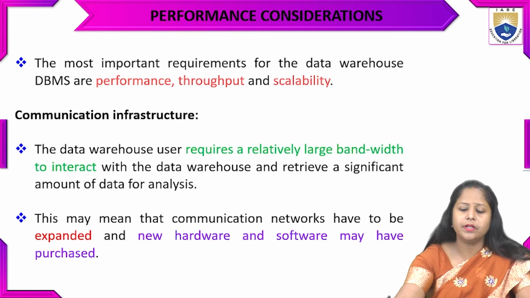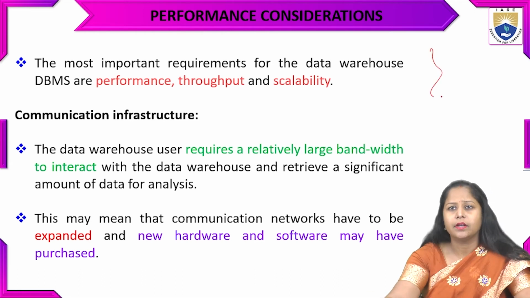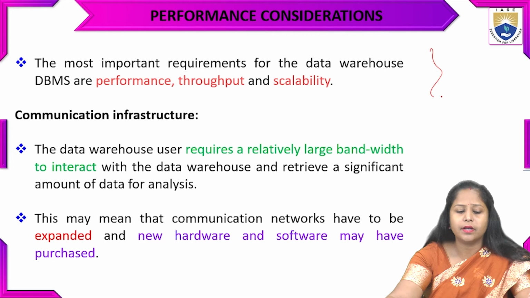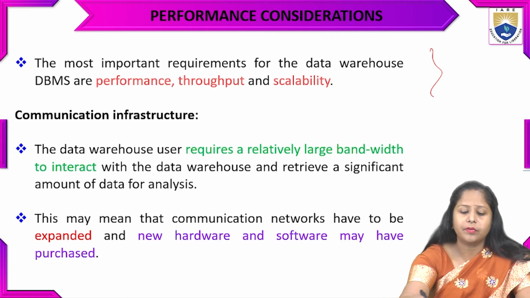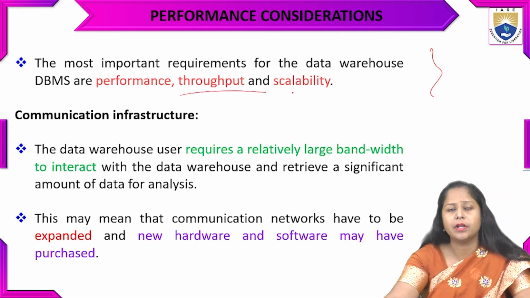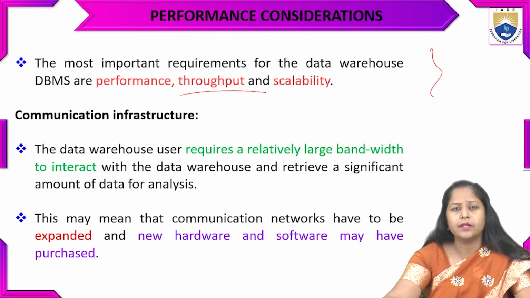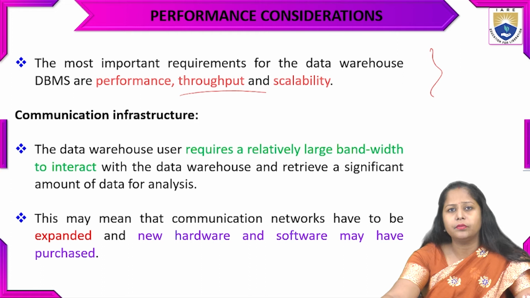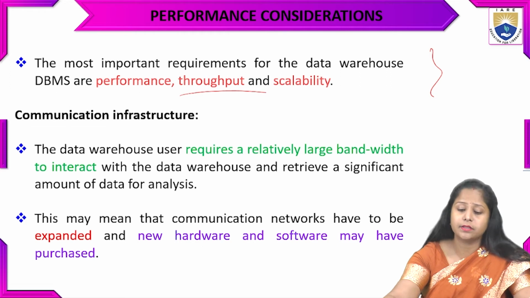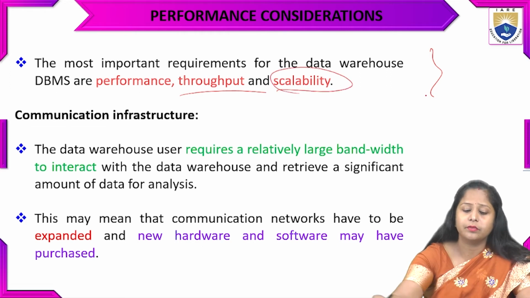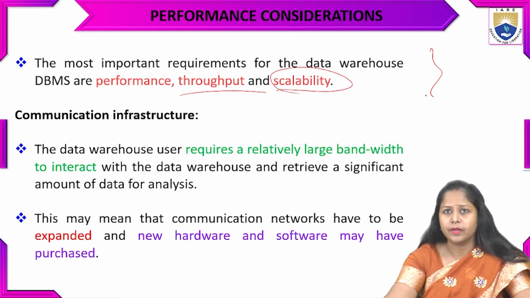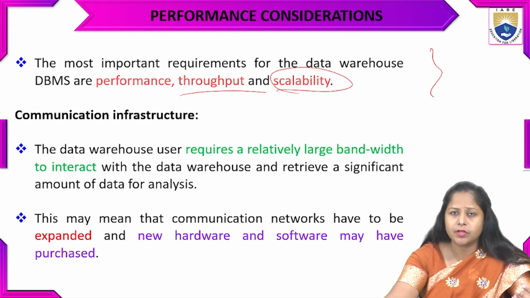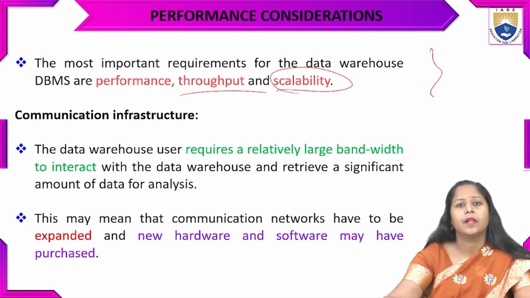The most important requirements for the data warehouse are performance, throughput and scalability. For the data warehouse management system, performance will be very important, throughput will be very important, and scalability will be very important when considering the performance of the data warehouse.